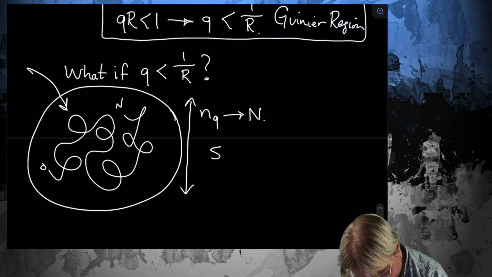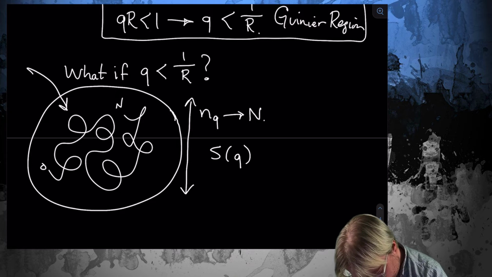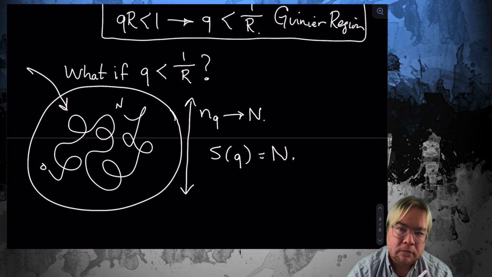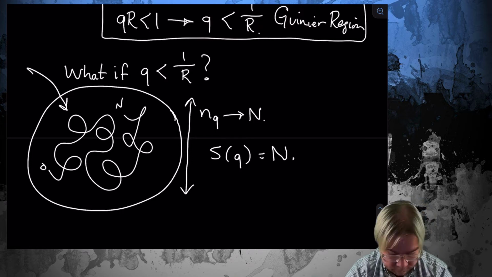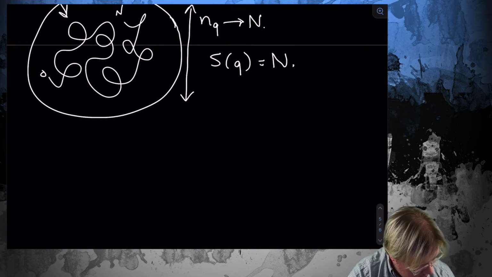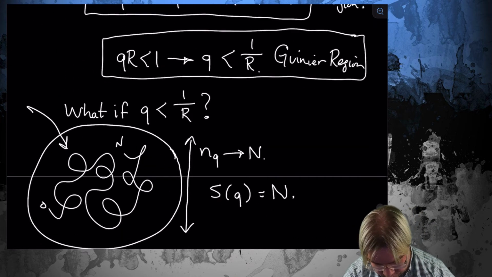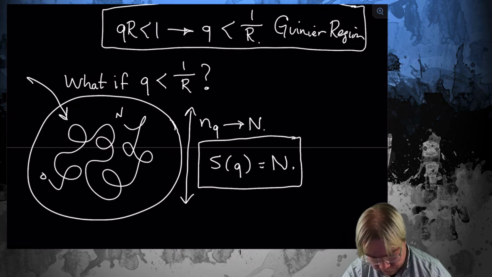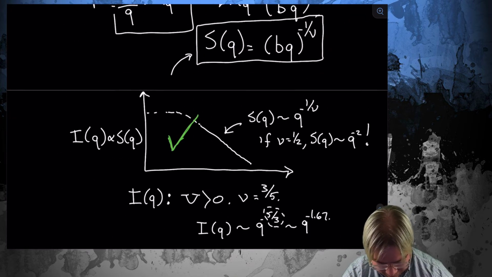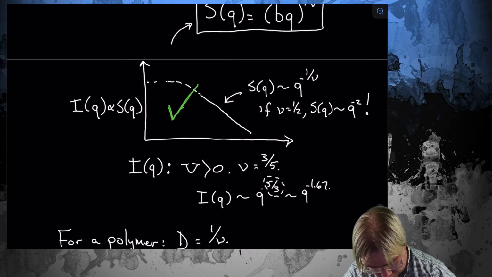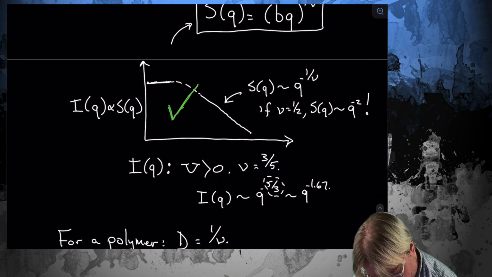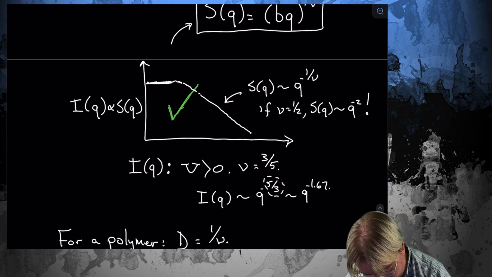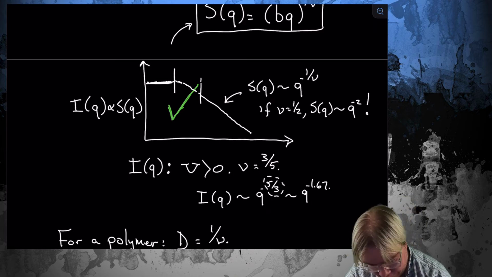Right? So S of Q, you would expect, would be N. So what you see is that this is constant. So that means that in terms of our graph, we've described this part where S of Q is constant. And again, Guignet's law is giving me this intermediate region here.